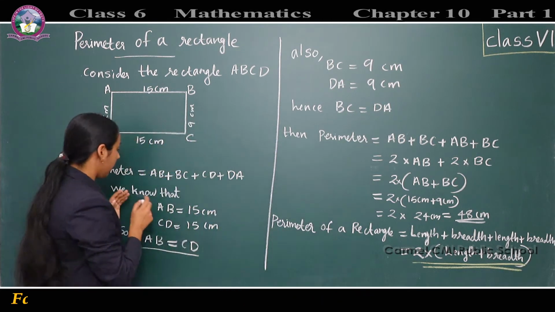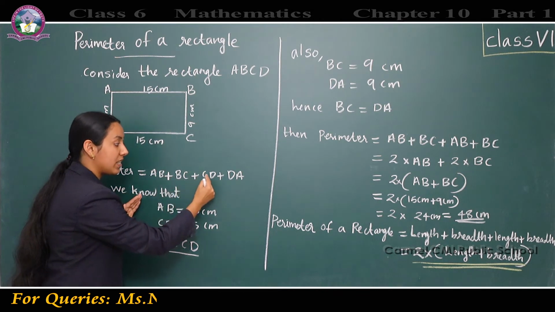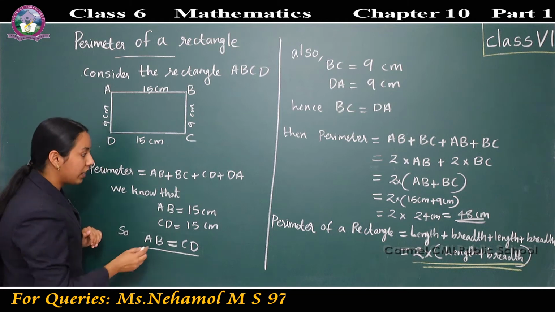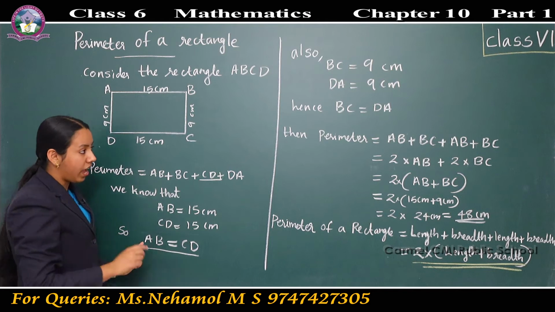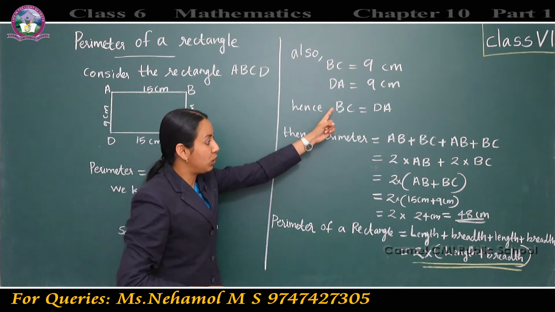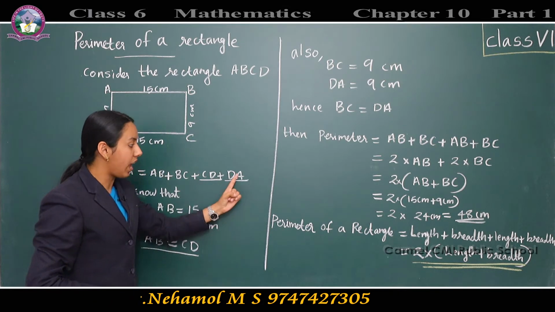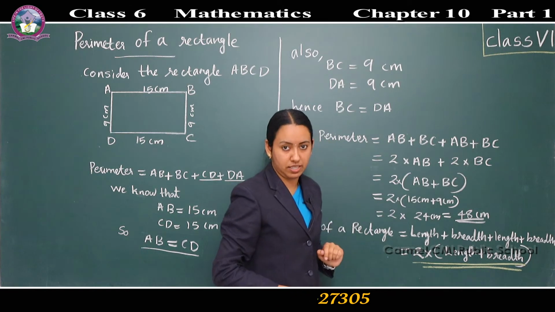Then what is the equation to find perimeter? AB plus BC plus CD plus DA. But we know that CD is equal to AB and DA is equal to BC. So instead of CD and DA, we can write AB and BC.